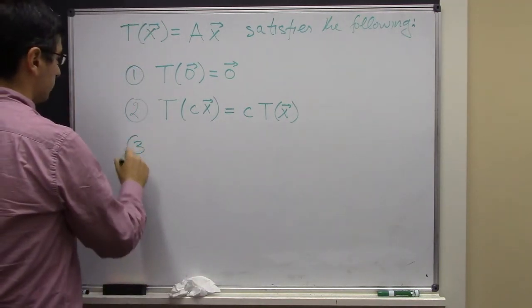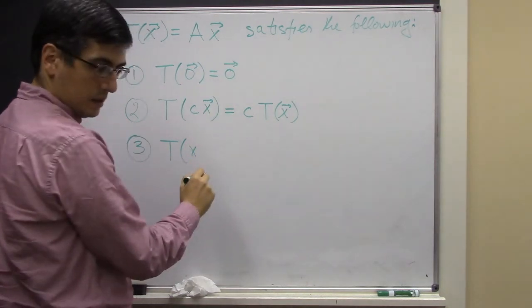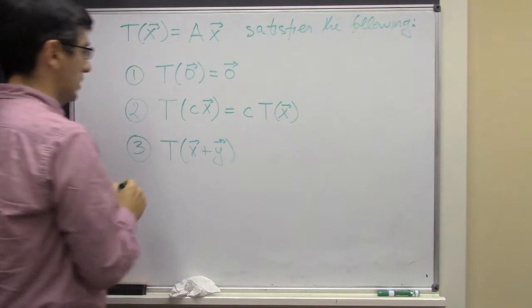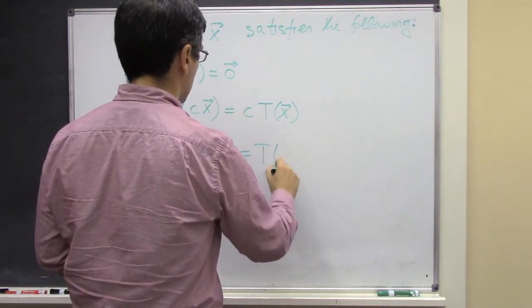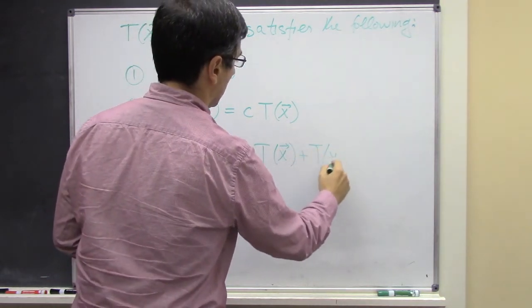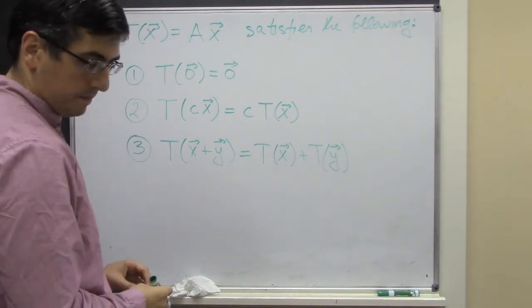That's three: T of x plus y. Suppose you have two vectors and you add them and apply T. This is the same as T applied to x and then adding the image of y.